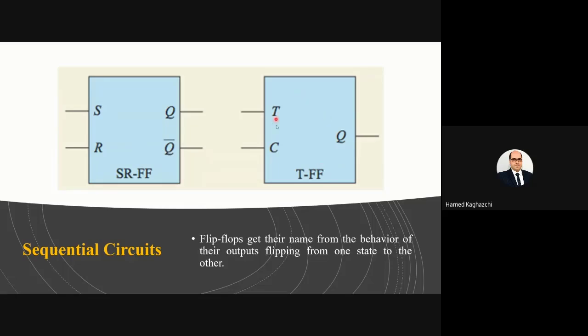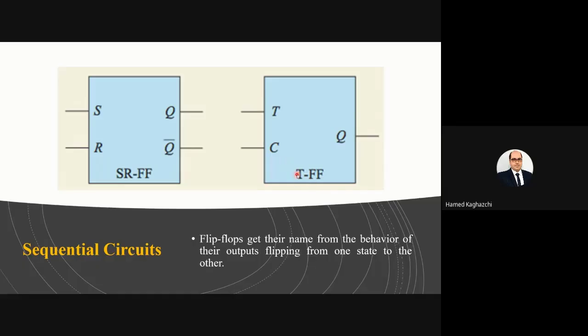In the case of toggle FF, we also have two inputs. The first one is the transition signal, and using this signal we can toggle the output.